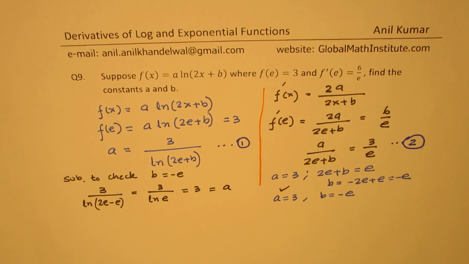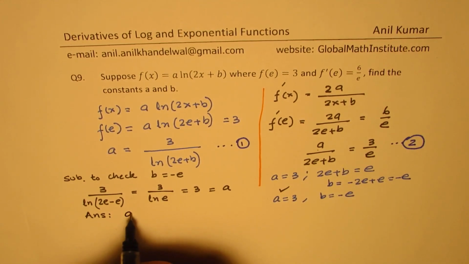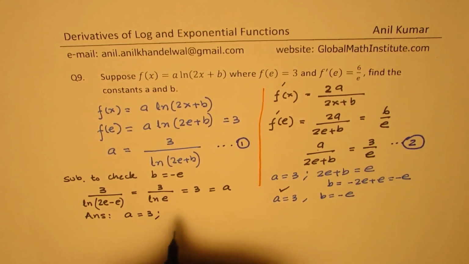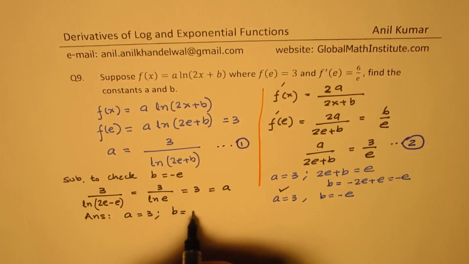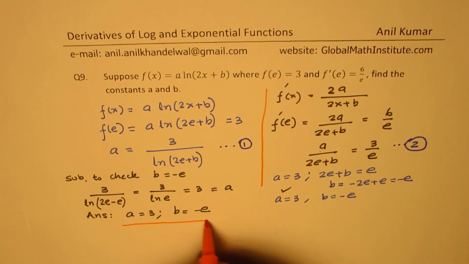So that is the correct solution. Do you get the idea of solving this? So the answer here is that a is equal to 3 and b is equal to -e. That was one of the most difficult questions in this set of videos.